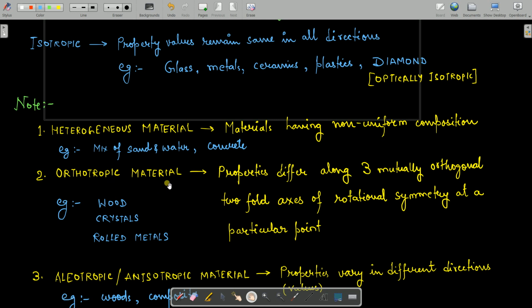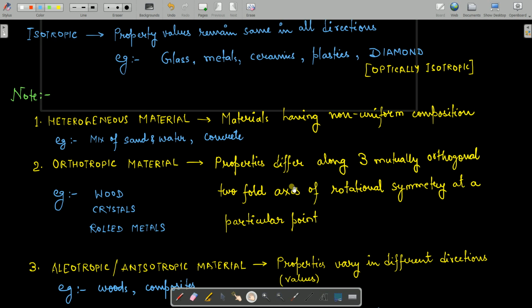Orthotropic materials, ortho means what? Perpendicular, right? So orthotropic material means the properties differ along three mutually orthogonal twofold axes of rotational symmetry at a particular point. What people study is that properties differ along three mutually perpendicular directions, but that is not the correct way of saying it, because then you have to take a certain reference.